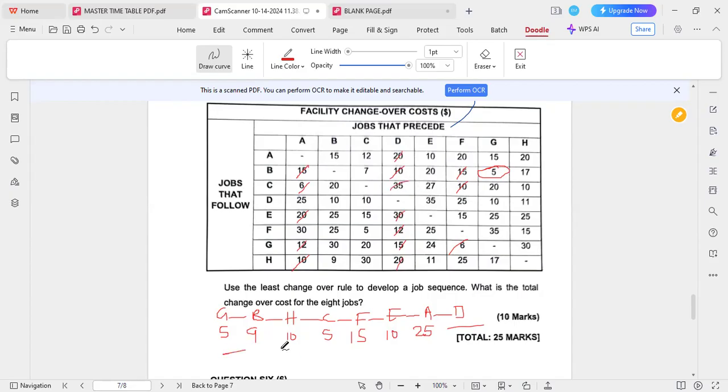So our total cost for this one will be 5 plus 9 plus 10 plus 5 plus 15 plus 10 plus 25. The answer is 79.